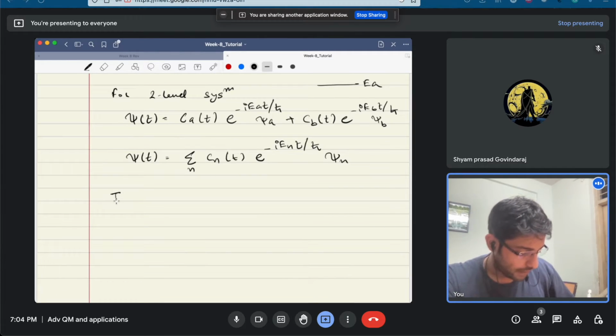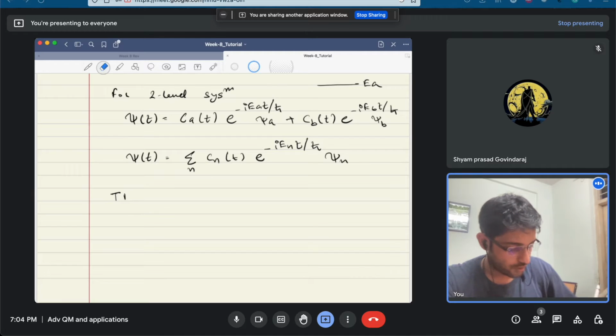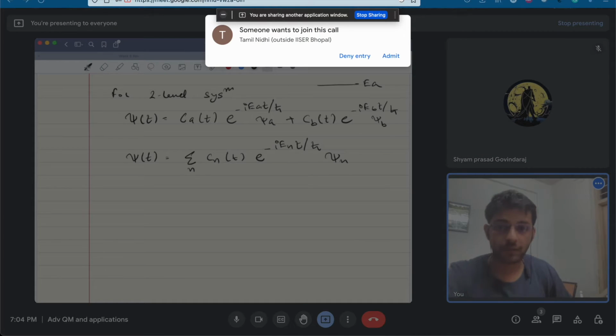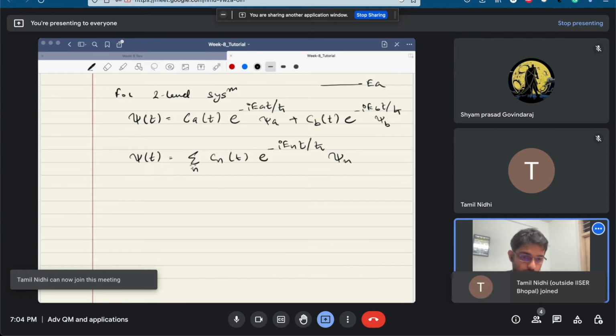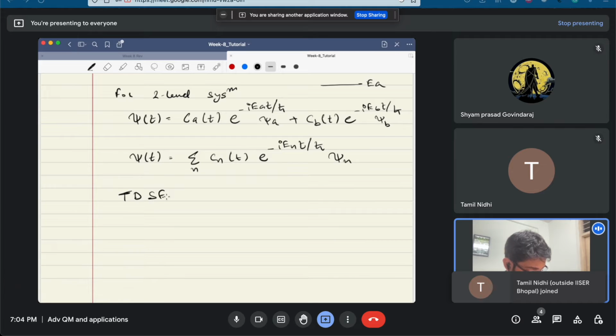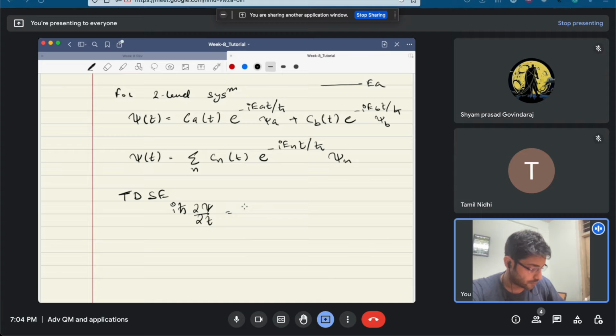Now we have our time-dependent Schrodinger equation, which gives us i h bar del psi by del t equal to H psi.